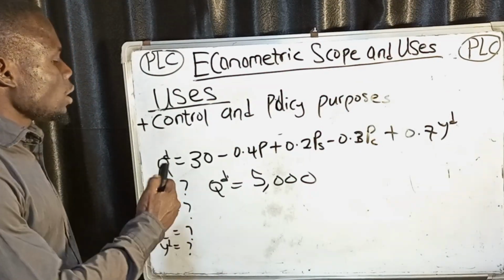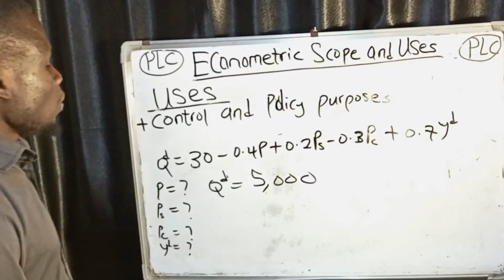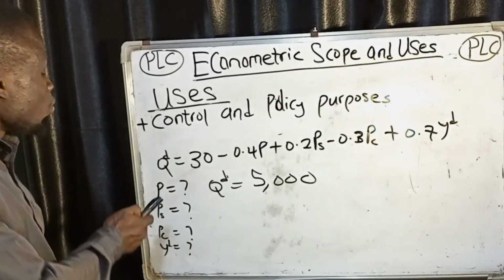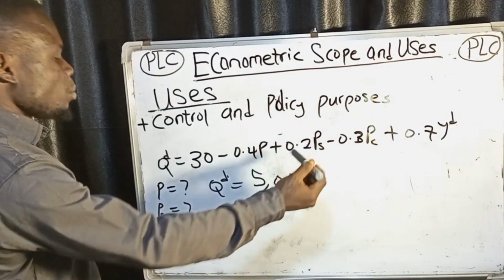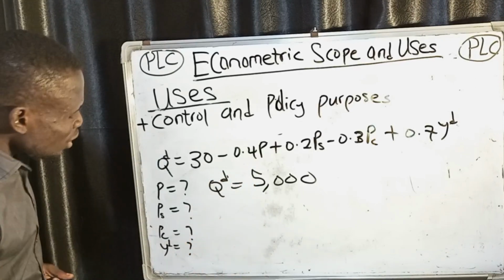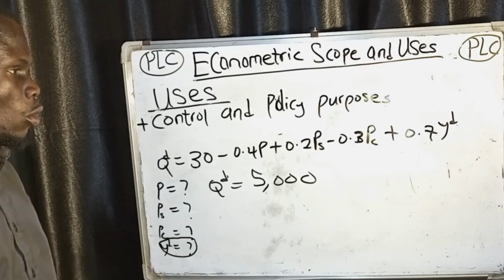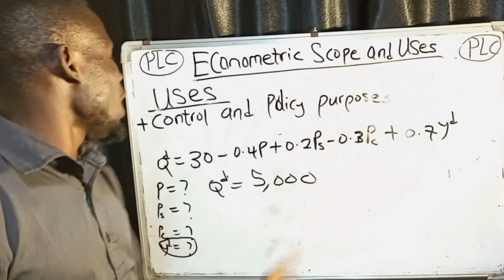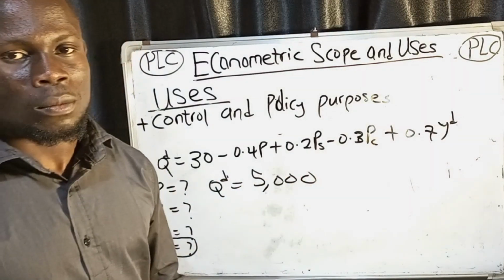So now the economists within the economy will attempt to look at what the price, the price of the substitute, the price of the complement, or majorly what disposable income level will make our quantity demanded be 5,000.